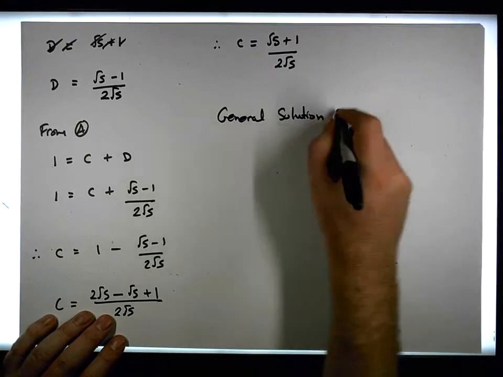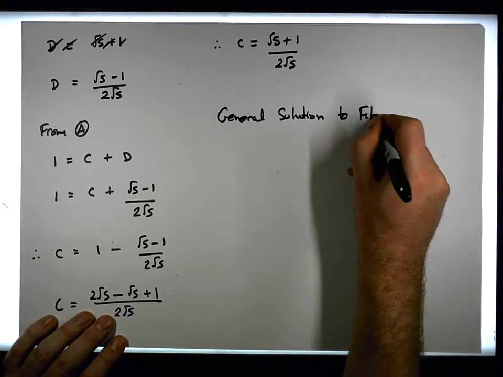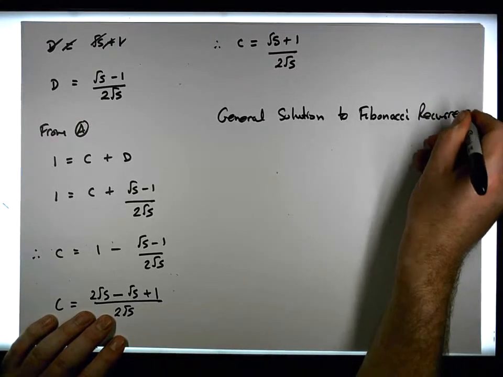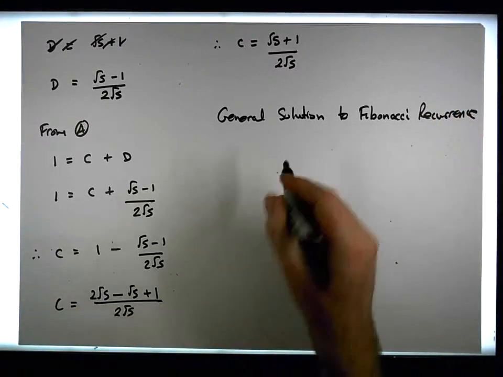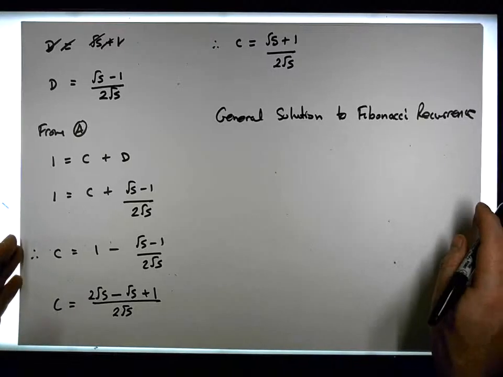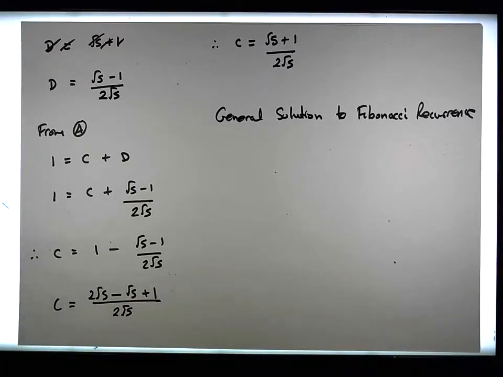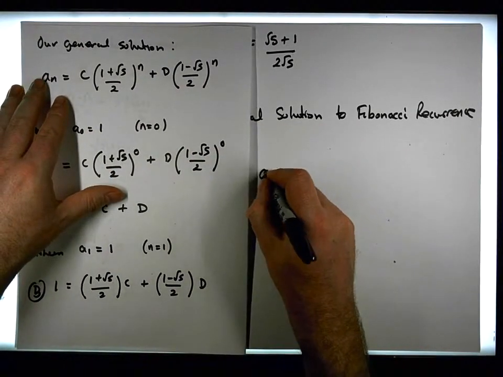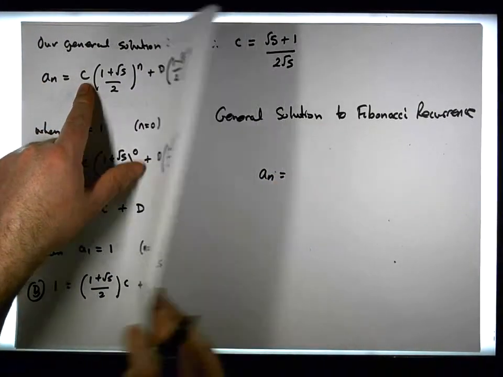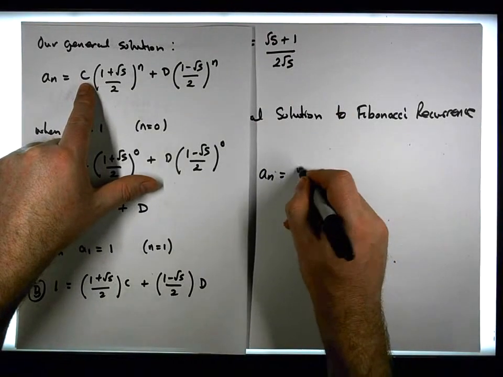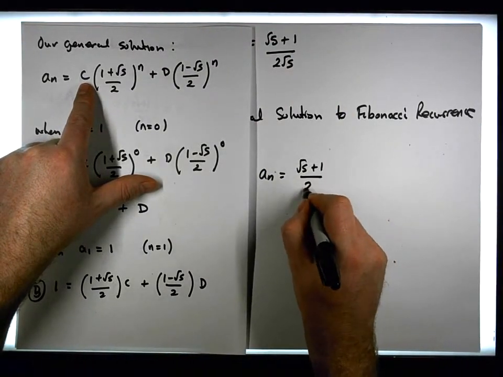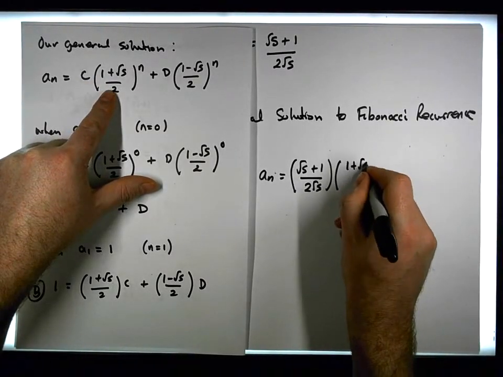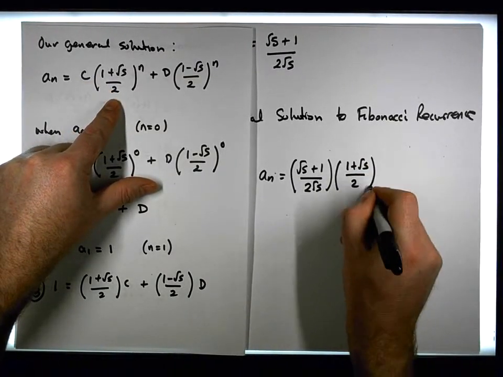to the Fibonacci recurrence, don't forget, we already estimated so far. So it must be a_n is equal to the c value we just calculated, c, to be root 5 plus 1 over 2 root 5, which needs to be multiplied by 1 plus root 5 over 2 raised to the power of n.